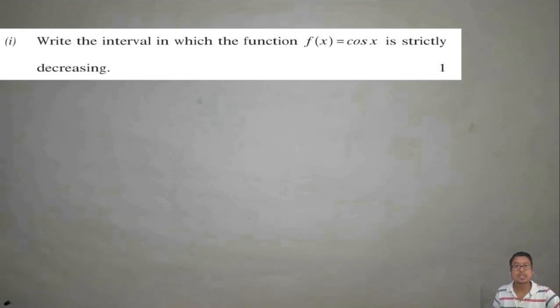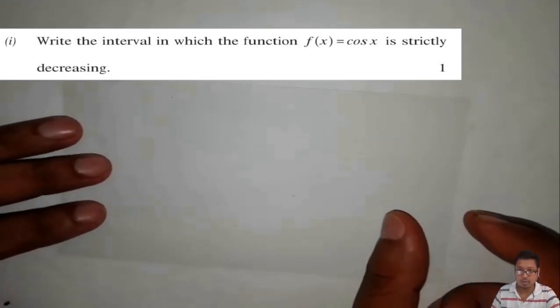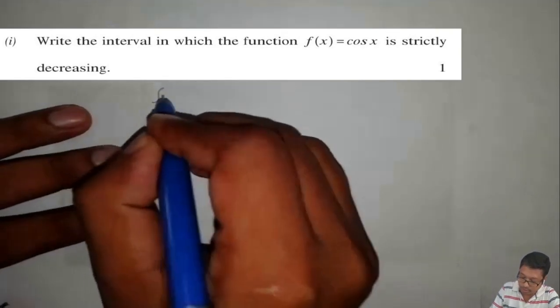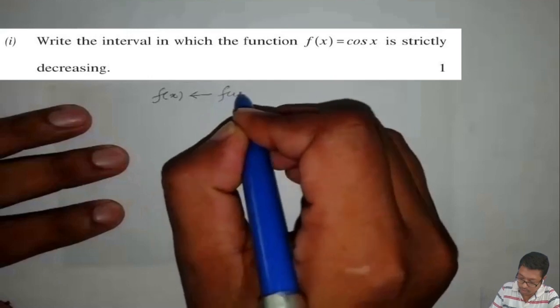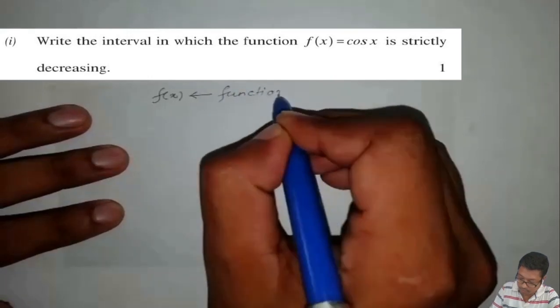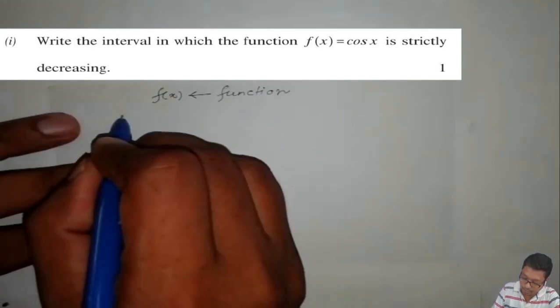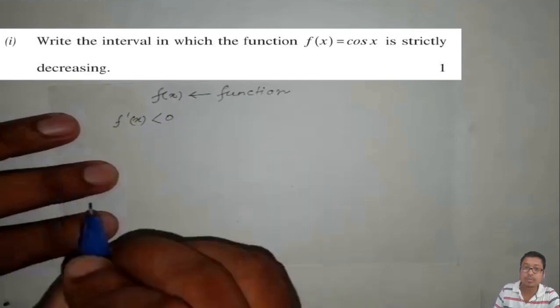Okay, let us consider question number I. Write the interval in which the function f(x) = cos x is strictly decreasing. First of all we need to understand what is strictly decreasing. Suppose I am considering one function f(x). This is said to be strictly decreasing if f'(x) < 0.